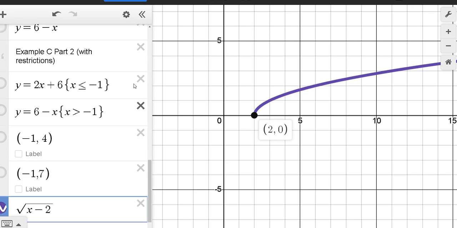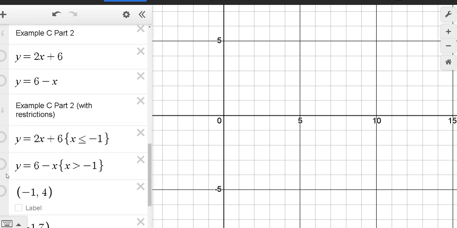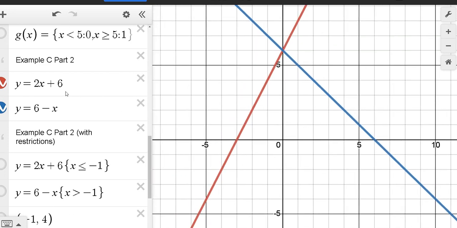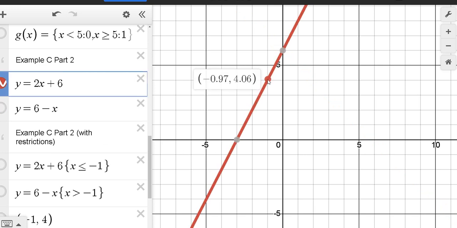Formulating my question. So we only include, do we only include the part of the line that's below -1? Yes. So let me show you what's going on with, let's see. Let's get rid of this right here. So you've got these two lines. Here's y equals 2x plus 6. Here's y equals 6 minus x. That would be both lines forever and ever. But I don't want all of, say, this line. I only want this line up to the point that y equals, say, -1.